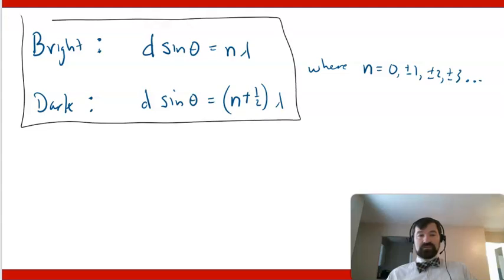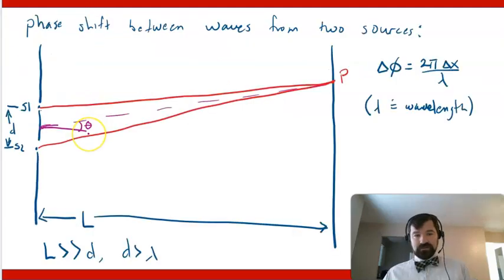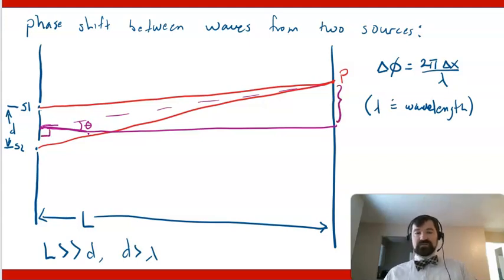Okay, so we've located them. We now know where the bright and the dark fringes are. We can go a step further by coming back to the diagram again, and this time we draw this perpendicular line all the way over to the screen and call this distance right here y.